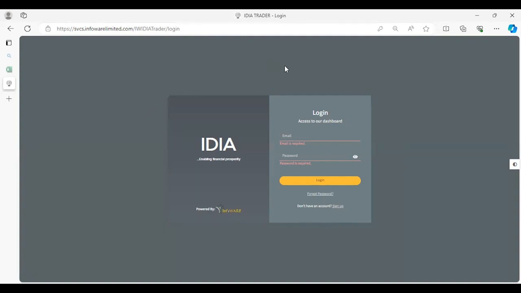If you don't have an account with IDIA Trader, it's a simple sign-up process. Just a quick one, your email, your password. Once you have that set up, the next thing is to choose any of your preferred broker on the list, and then you can go ahead and trade.